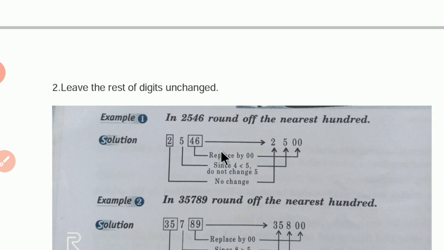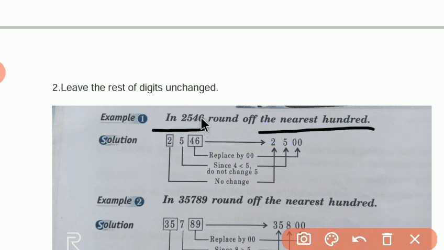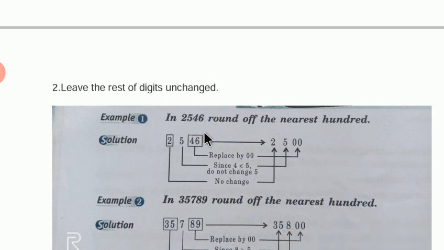Let us understand this one also by example. Round off 2446 to the nearest 100. We have to round off this number to the nearest 100. It means which is the nearest value of 100 which comes nearby. We know the rule that for the nearest 100 we have to see the tens digit.